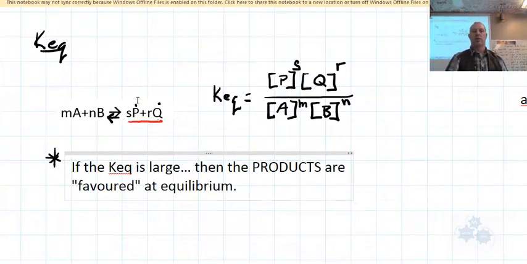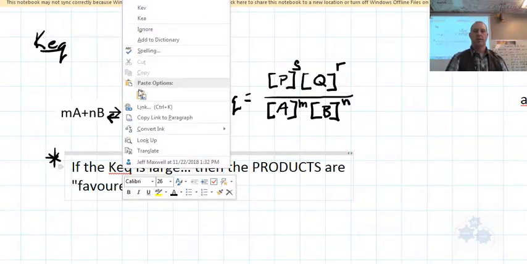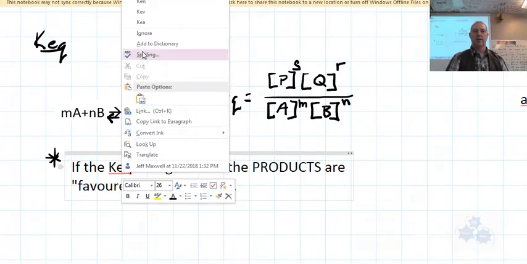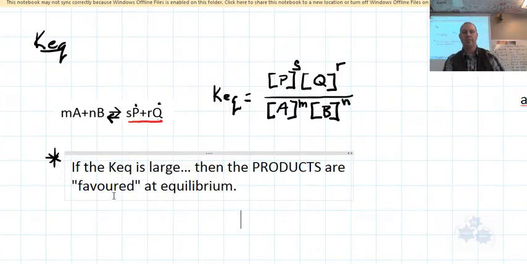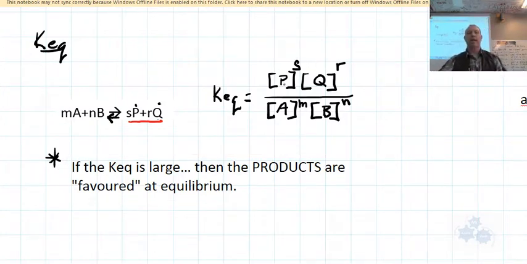So if the KEQ is large, then the products are favored at equilibrium. That means that when equilibrium is established, more of P and Q are going to be in existence. So there's going to be very little A and B. There's going to be a lot of P and Q if the KEQ is large.